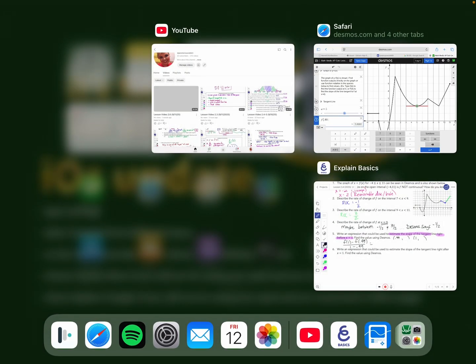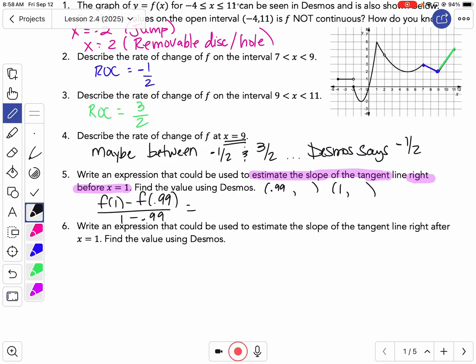So if we go back and we plug those in, you should get about 7.98, okay? So it tells me that the slope, this is my average rate of change as I get close to 1, is about 8. Okay, so coming from the right.